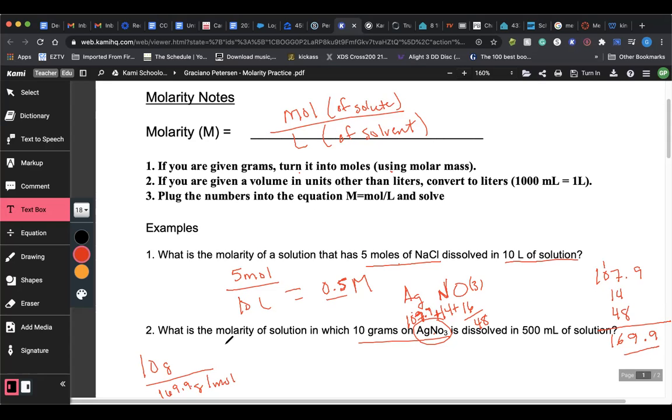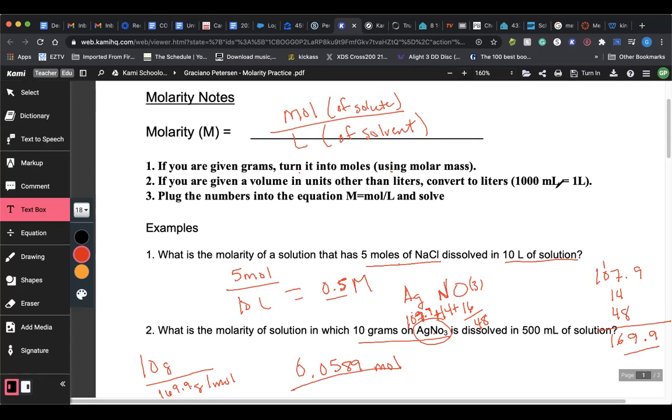You will have a calculator for this part of the test. So I can just do 10 divided by 169.9. So I have 0.0589 moles. I'm going to divide that into 500 milliliters of solution.